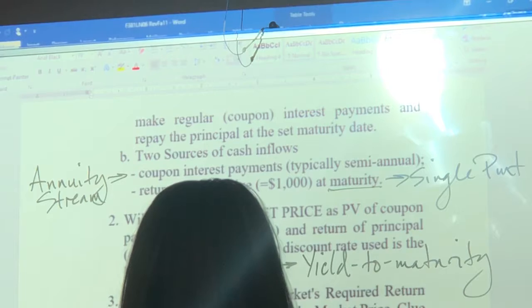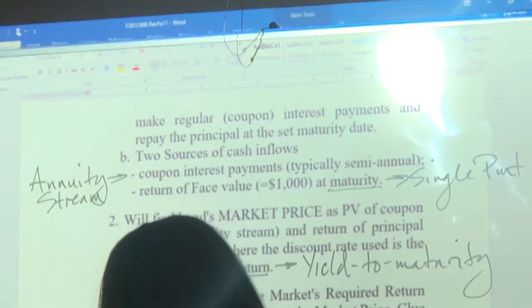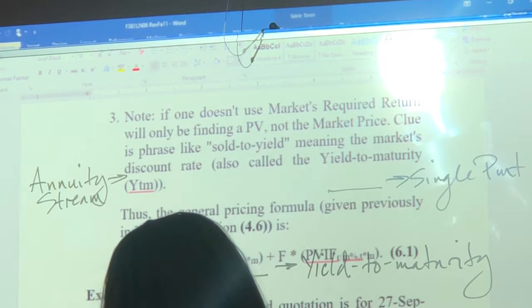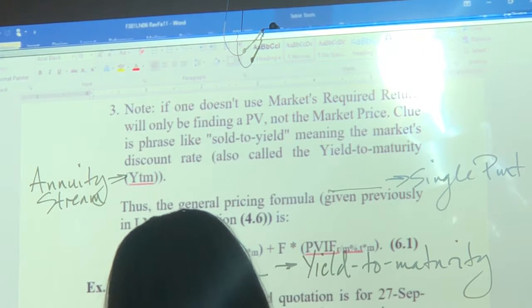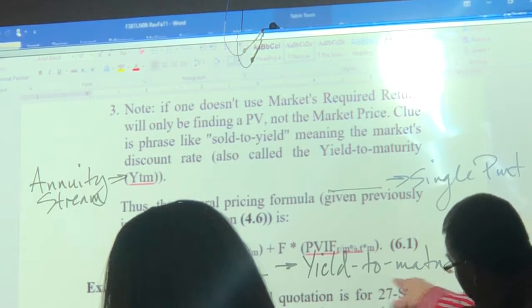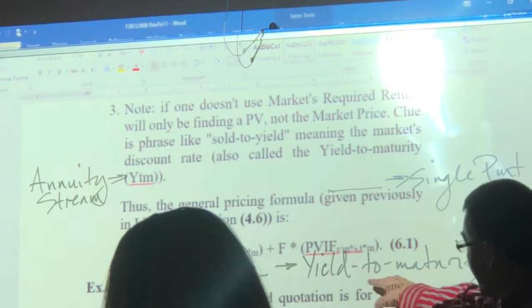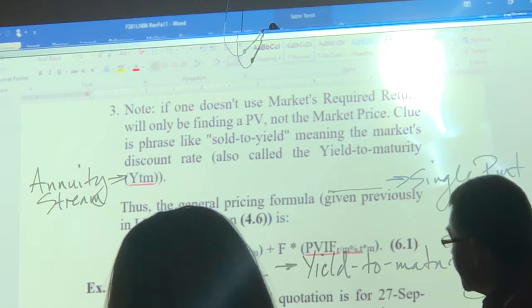We haven't talked about the yield to maturity before, so what we've really just been finding is a present value. But when we're basing our prices on market quotations, it will be using a discount rate, which is the yield to maturity.